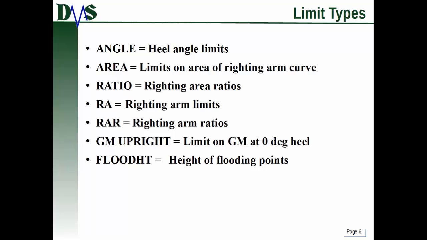The difference between ratio and RAR is this is ratios of areas under the GZ curve, and this is the ratio of actual righting arms. So that's going to be the righting arm compared to the heeling arm. GM upright, that's the actual GM value. And then flood height is the height of different flooding points. And now you have to have flooding points defined for that to work.